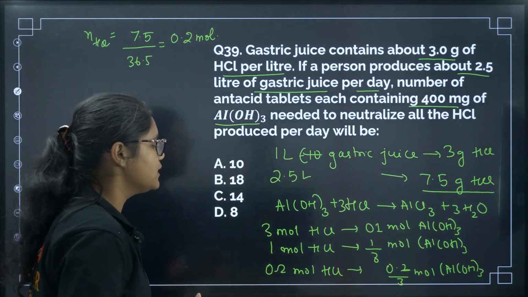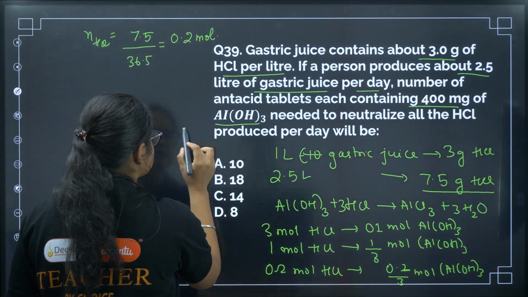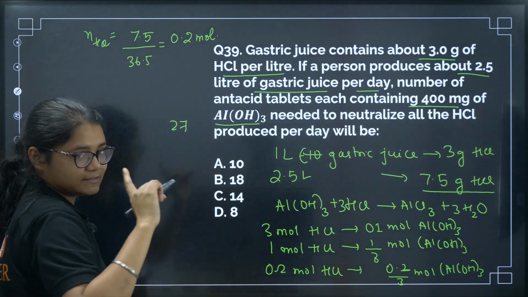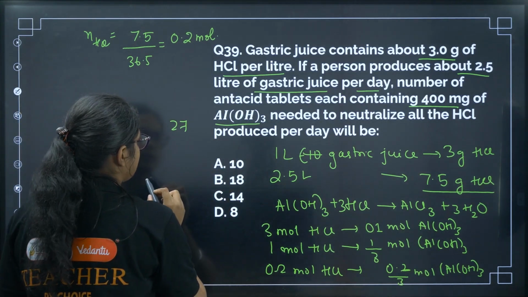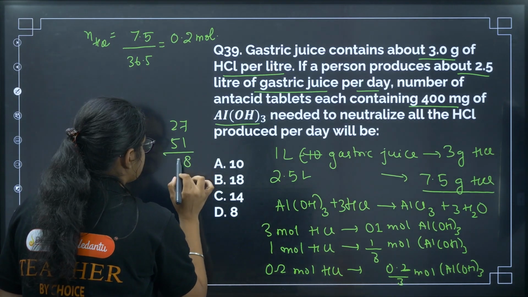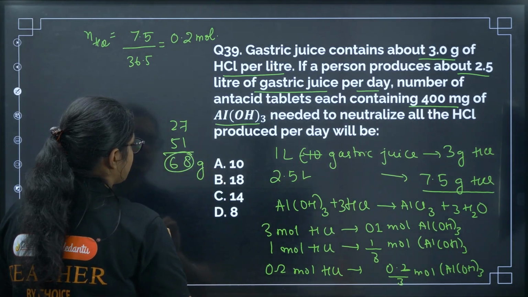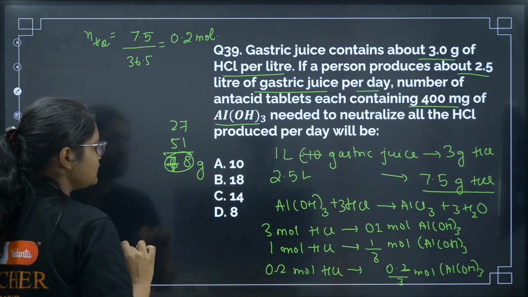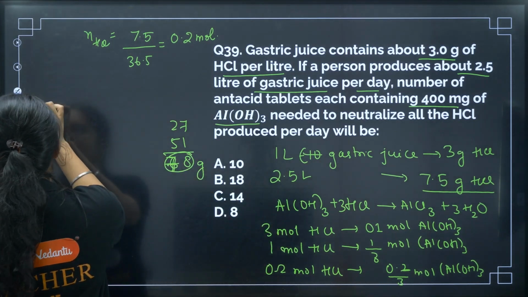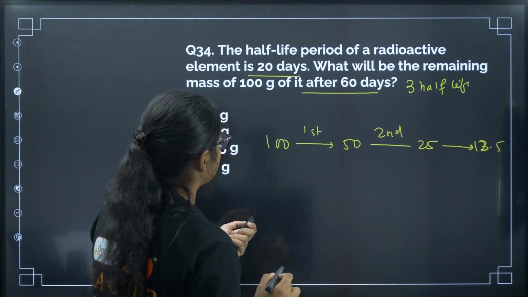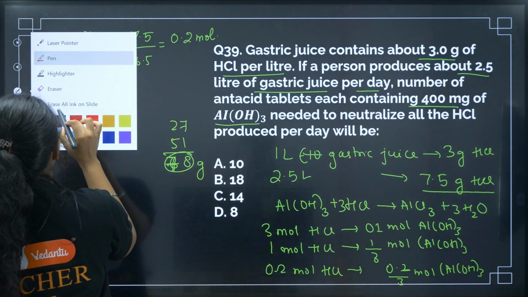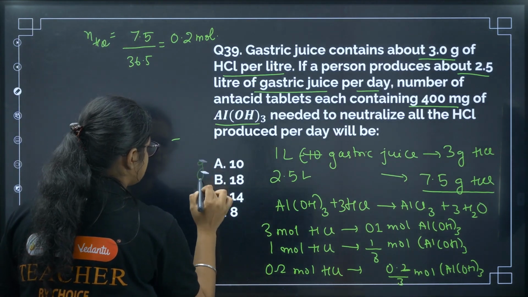What is the mass of this one? So, if you solve this one, aluminum mass is 27, okay, and we have oxygen 16 plus hydrogen 1, that is 17. So, 17 into 3 will be 51, right. So, now if we add this one, we are getting 78 gram. So, aluminum hydroxide is 78 gram. So, now if you see here, aluminum hydroxide mass is 78 gram.